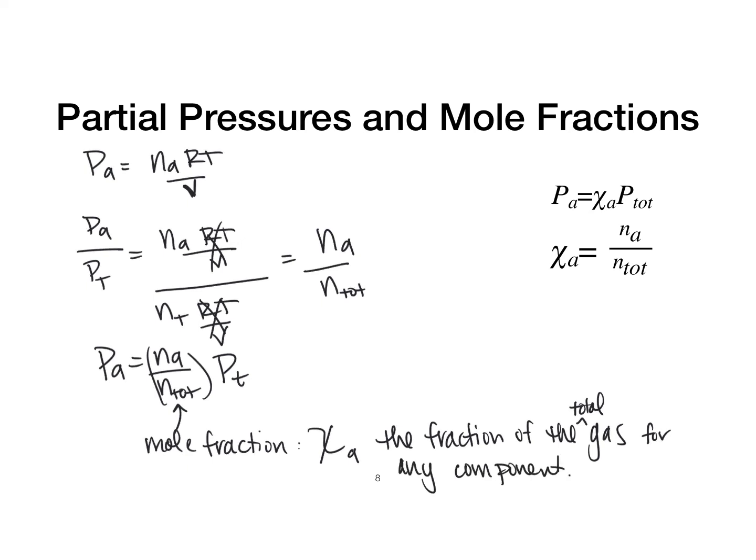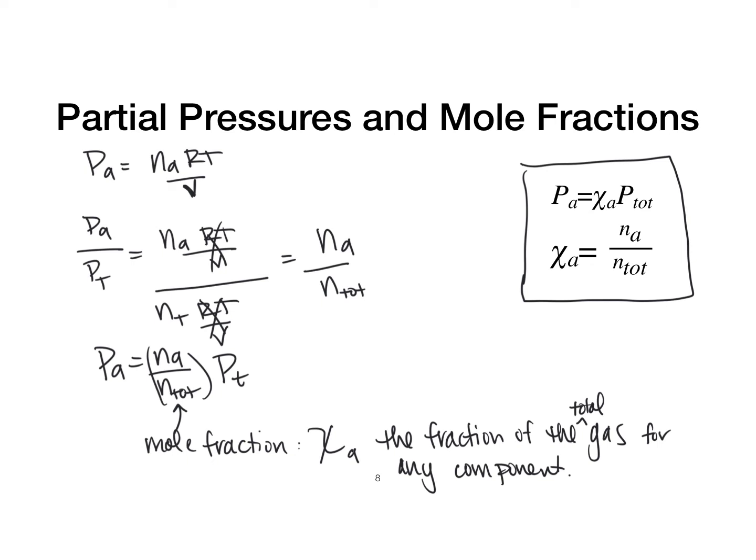And because the pressures are additive, we know that the mole fraction of the gas directly corresponds to the total pressure of the gas. So these two equations over here on the right, where the partial pressure of A is equal to the mole fraction of A times the total pressure, where the mole fraction of A is the moles of A divided by the total moles of the system.